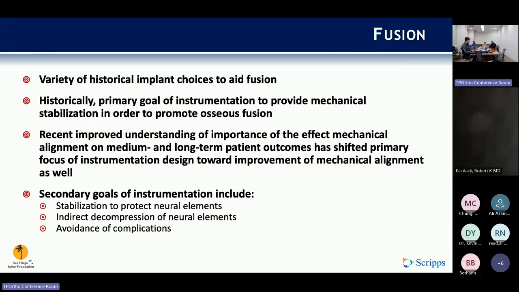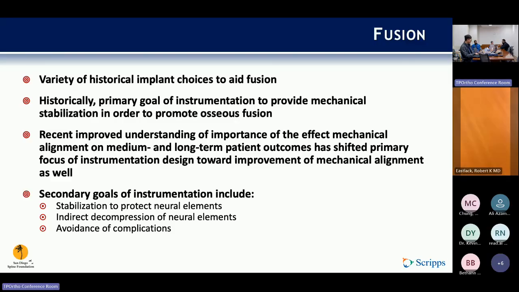Recently, there's improved understanding of the effects of these mechanical properties on medium and long-term patient outcomes, leading to further improvements in design and mechanics. Our secondary goals are to stabilize, protect neural elements, achieve indirect decompression, as well as avoid complications.